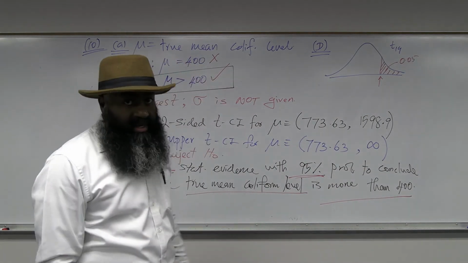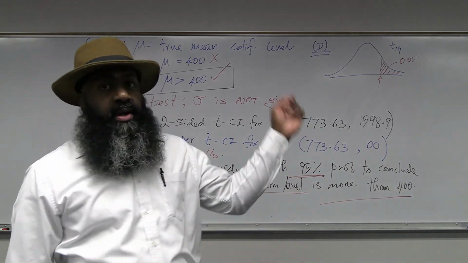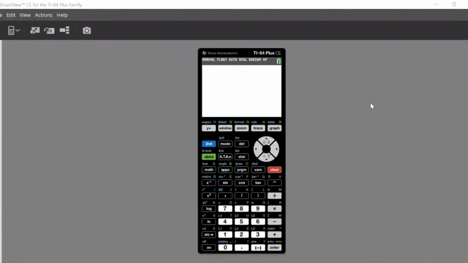How do you find that critical value? We have to go to your calculator. We need a T critical value. For that, I have to go to distributions first. To access the distributions, I have to press second and variables. Now, what's the distribution I should select? This time, I have to find a T critical value, which means I know the probability. It's a right-tailed T critical value. We keep complete alpha on the right tail.